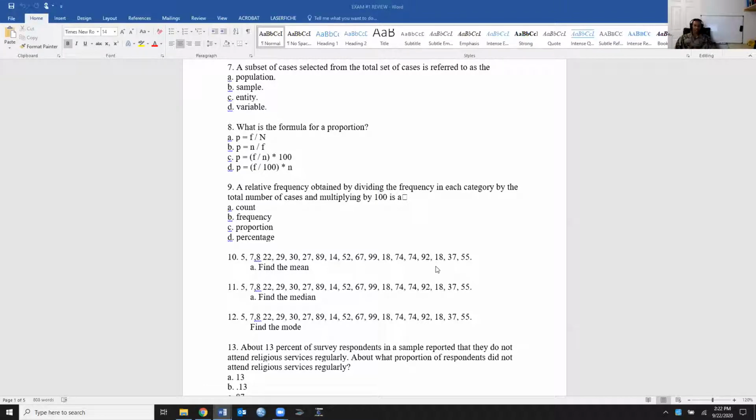Now, the reason why you might be thinking C is the answer is because C is the equation for something different. What is C the equation for? The percentage. Percentage, that's what it was. Good. So when you have a proportion and you want to convert that to a percentage, you take the proportion, multiply by 100, and then you get the percentage.